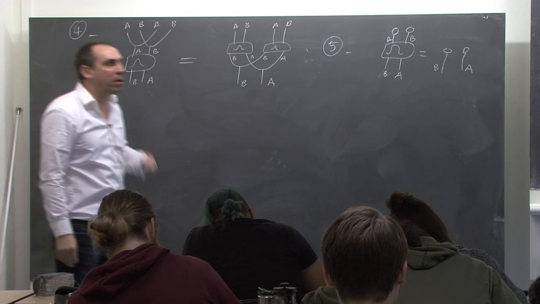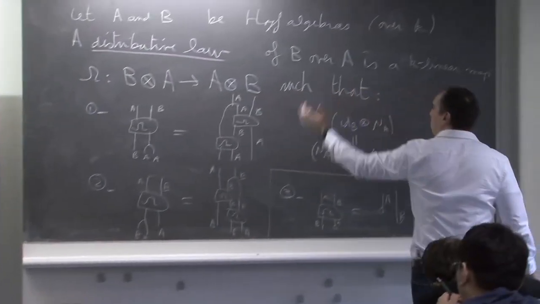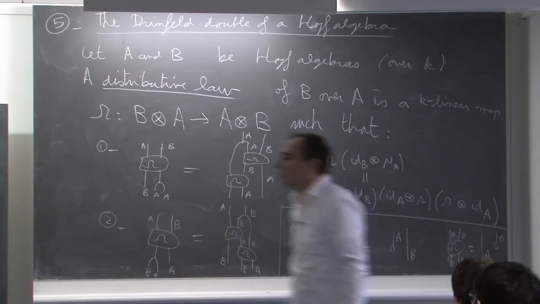Okay, that's the definition. A distributive law is a map which satisfies these properties.